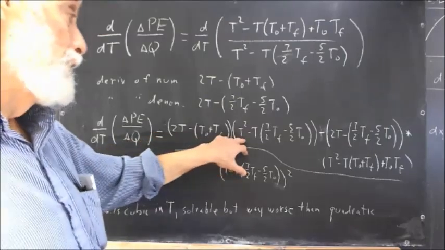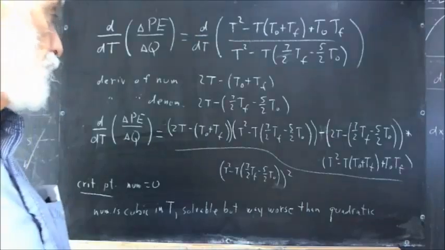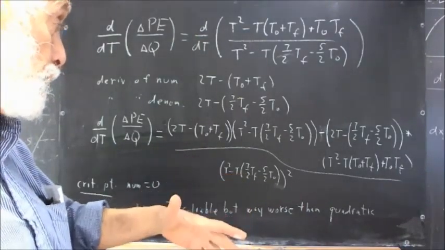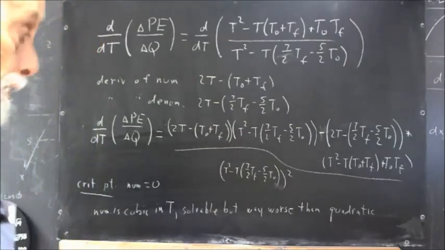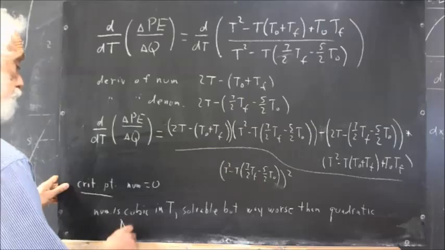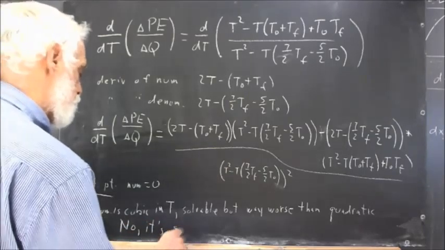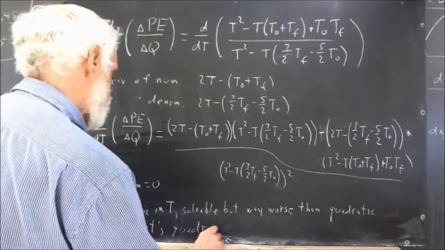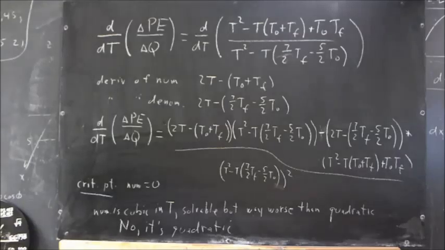I mean that's 2t squared, and that's a minus 2t squared. So it looks like the only t cubed term we have is here. So I was wrong about this being cubic. So let's fix this. It's quadratic.